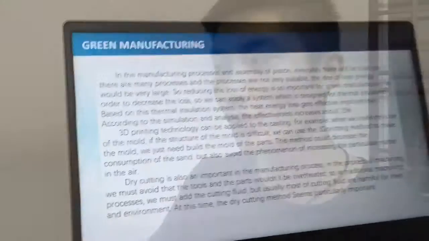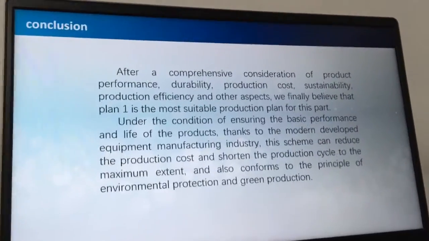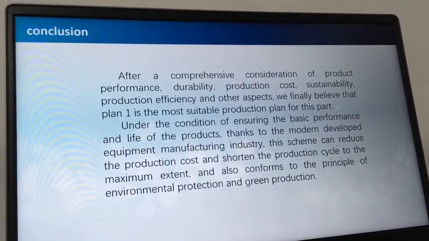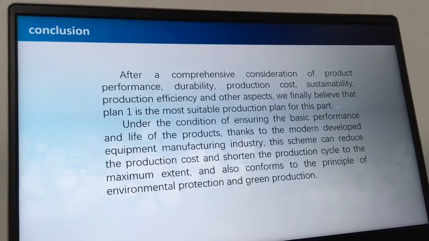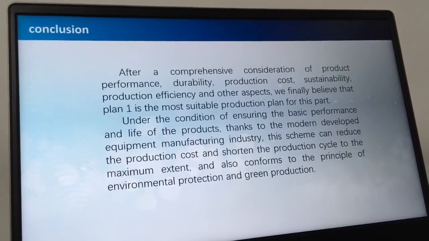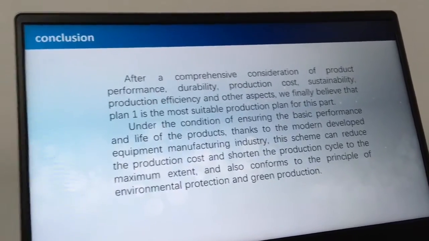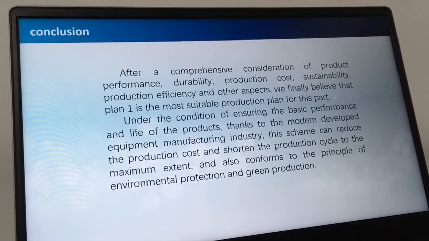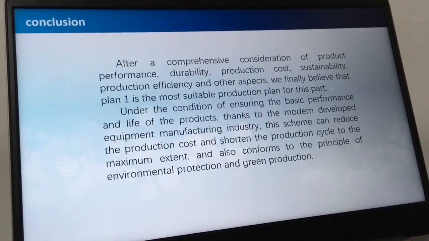That's all. Okay, let me give a small conclusion. After a comprehensive consideration of the product performance, durability, production cost, sustainability, production efficiency, and other aspects, we finally believe that Plan 1 is the most suitable production plan for this part.